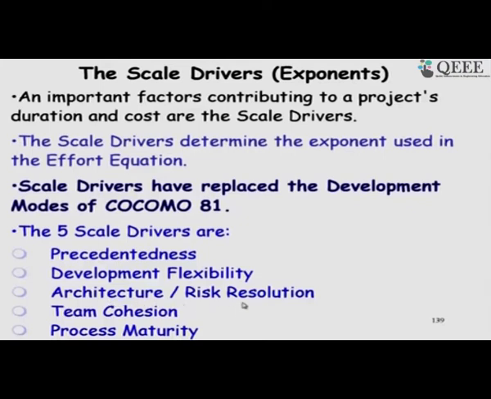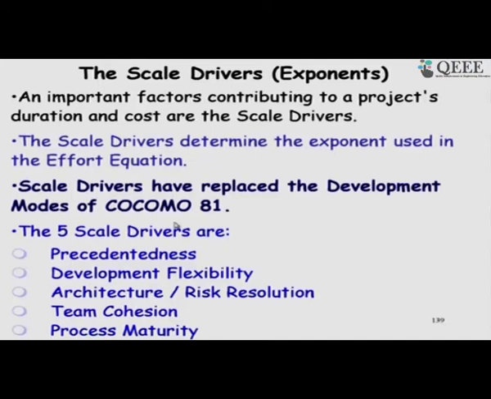Architecture risk resolution. How effectively are the risk handled? Team cohesion. Is the team well versed, worked earlier together? What is the process maturity? So, the process maturity can be in terms of do they have a quality certification, do they have a documented process, is everybody familiar with the process and so on.